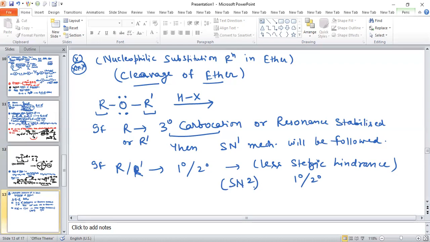Now we will see the reactions, then we will be able to understand this topic in detail. So if the carbocation is 3 degree or resonance stabilized, then we use the SN1 mechanism. If R or R dash is 1 degree or 2 degree, then there is less steric hindrance, and the SN2 mechanism will be followed.